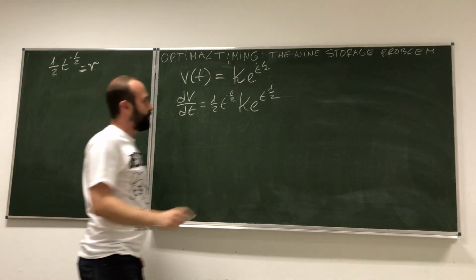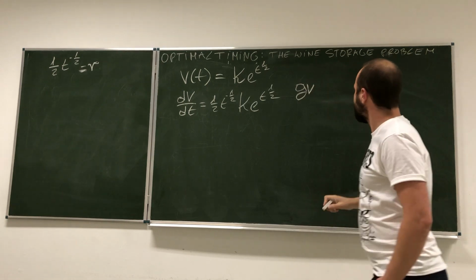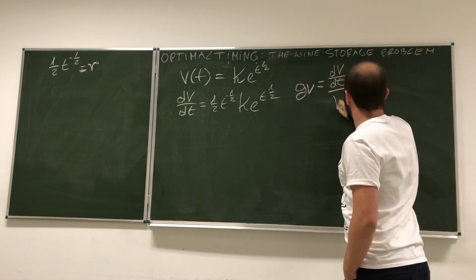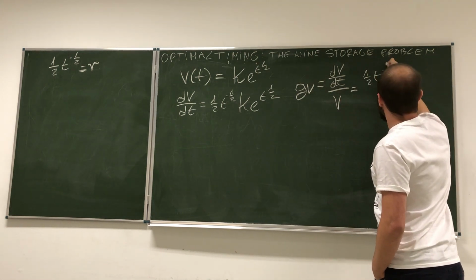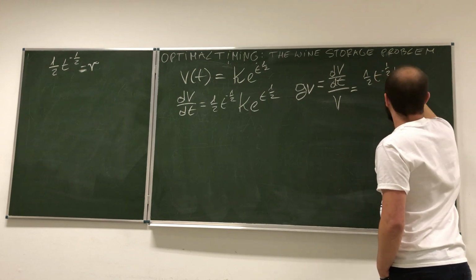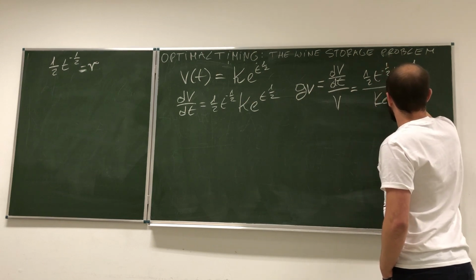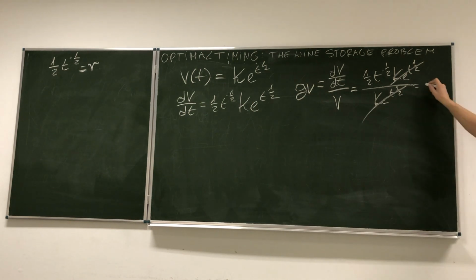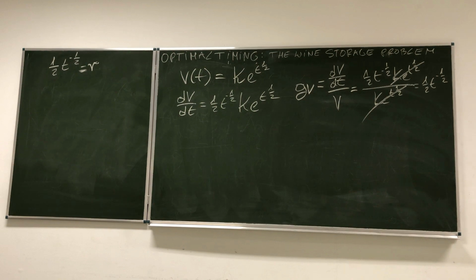Now, the growth rate of v, this is simply dv/dt over v, which in our case is 1 over 2 t^(-1/2) k e^(t^(1/2)) over k e^(t^(1/2)), which simplifies itself, and we get 1 over 2 t to the power negative 1/2. But remember, there's an easier way to obtain this result.